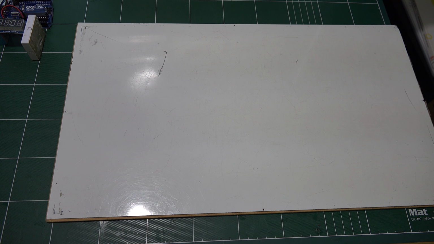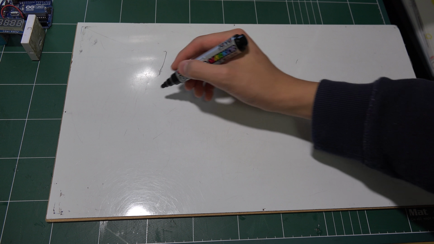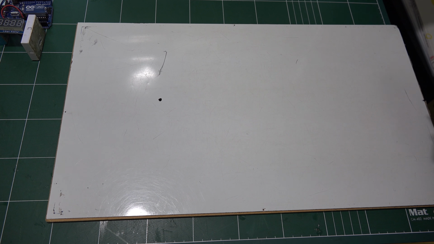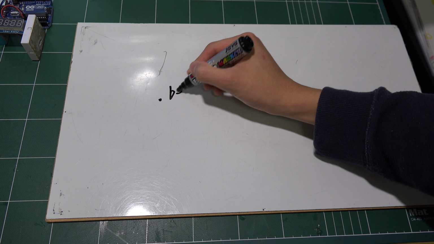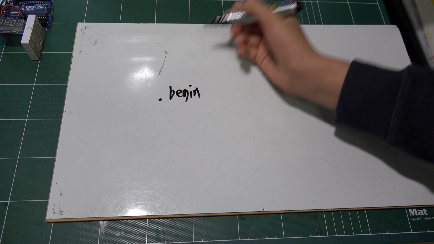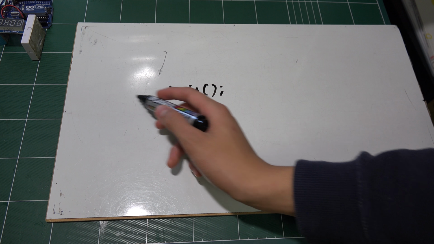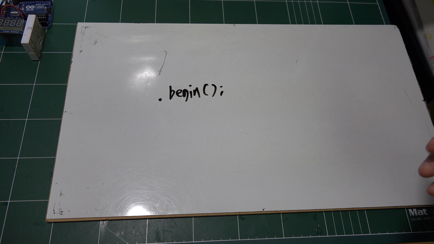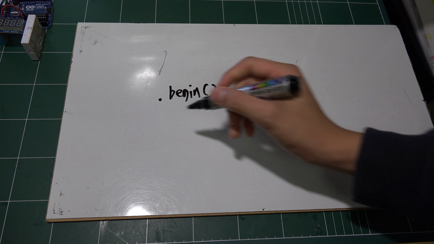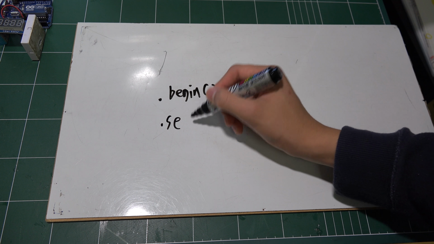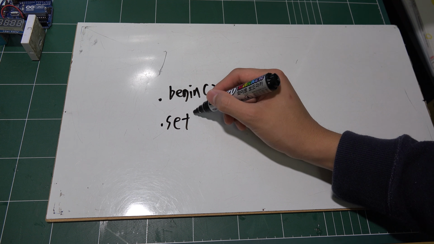So let's start talking about the program. First you have to create your instance object, then your object name and dot, and there is begin. If you are using this, you have to use this function. Then you have to set your backlight.